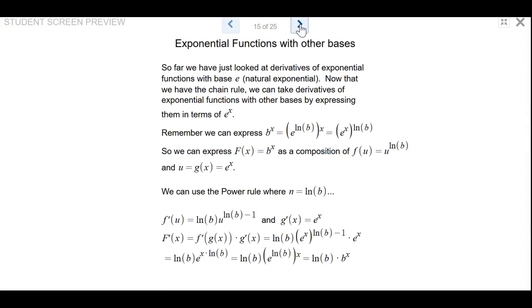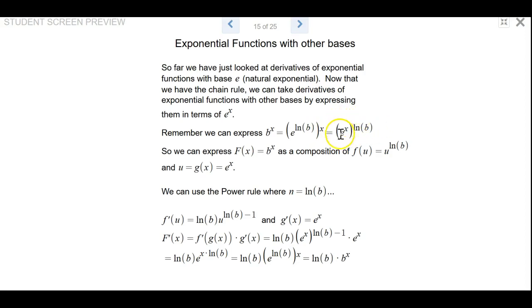The chain rule also allows us to now say what the derivative of an exponential function is with a base besides e. It all boils down to one of those rules of exponents from algebra. I can express b to the x as e to the ln of b raised to the x. Now that's the same as e to the x raised to the ln of b.